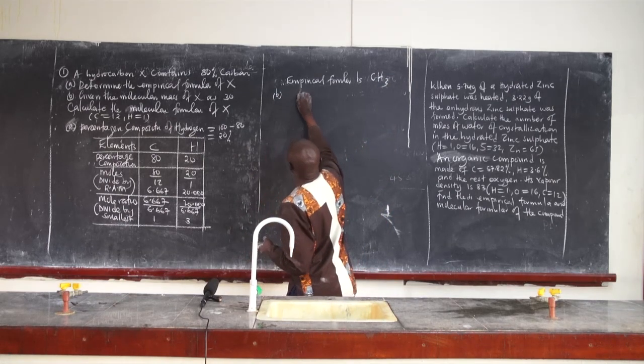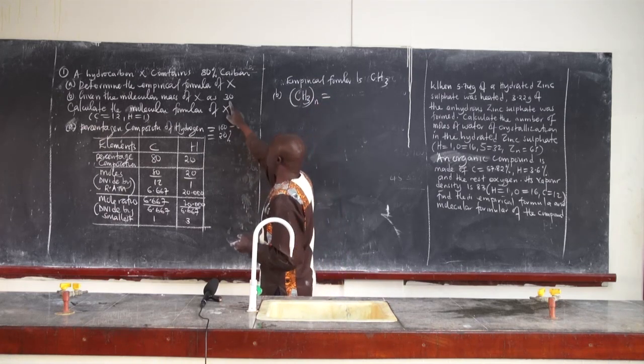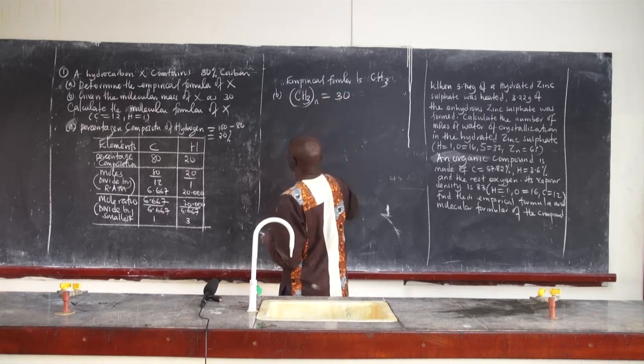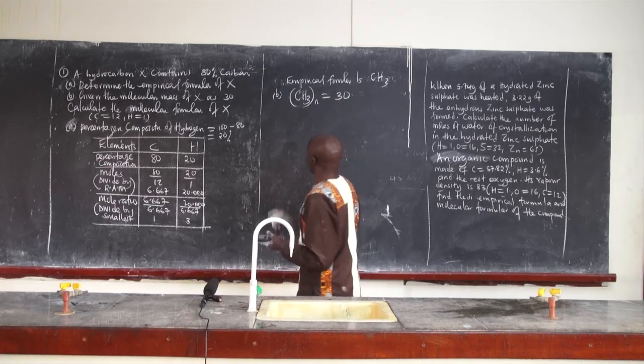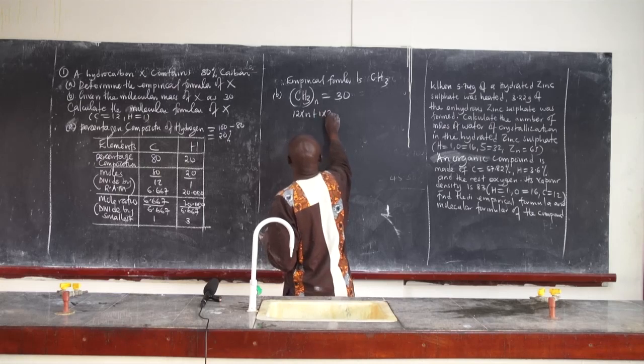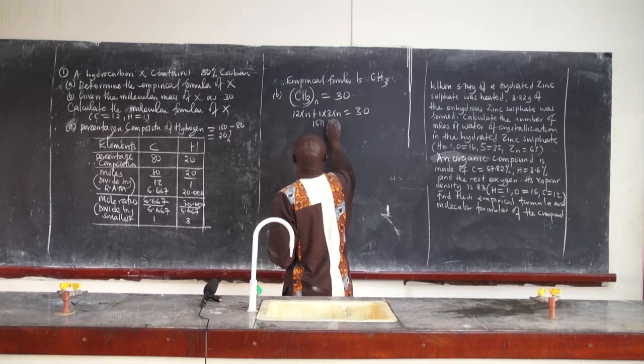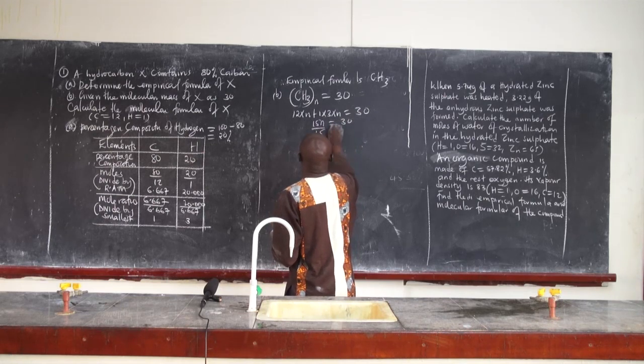So we are going to acknowledge that this empirical formula times n must give us the molecular mass. Then we solve for that n. Carbon is 12 times n plus hydrogen is 1 times 3 times n gives us about 30. 15n is equal to 30, so n is roughly 2.